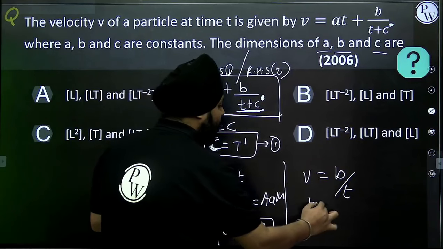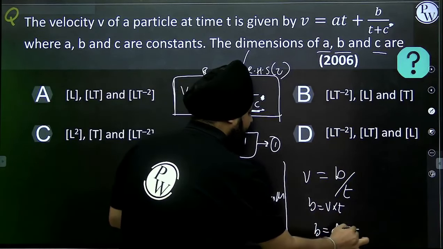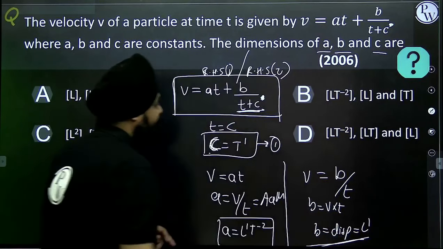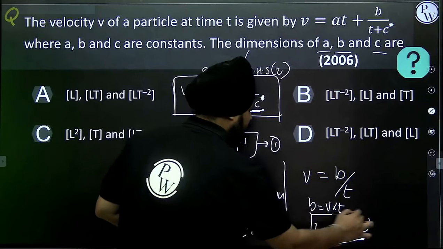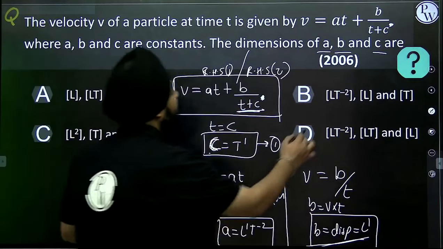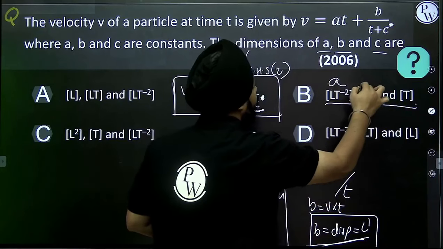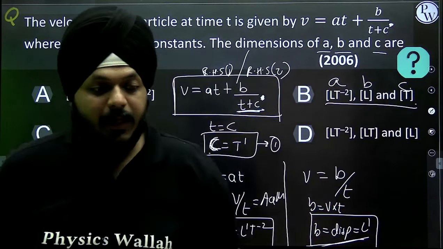B is equal to velocity into time. B will be displacement or distance, and that will be L1. C will be T1. This will be the perfect answer. This is the dimensions of A, this is the dimensions of B, and these are the dimensions of C.